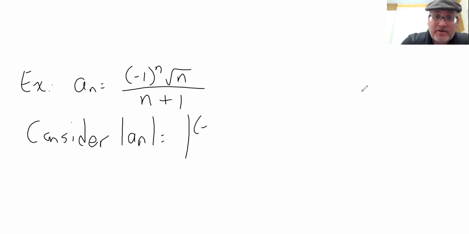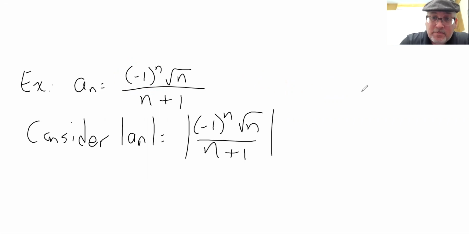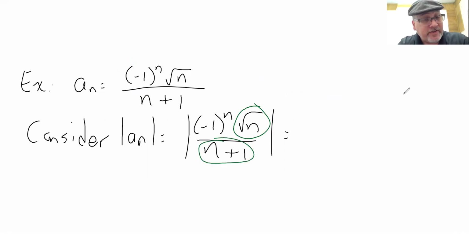which is the absolute value of (-1)^n times the square root of n over n plus 1. But square root of n is positive for positive values of n, n plus 1 is positive for positive values of n, and as we've already mentioned, the absolute value of this alternator is 1.